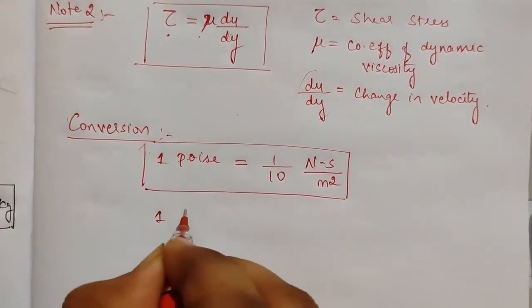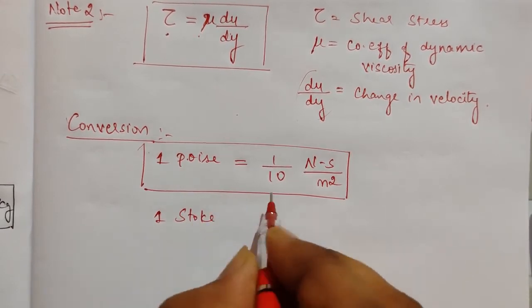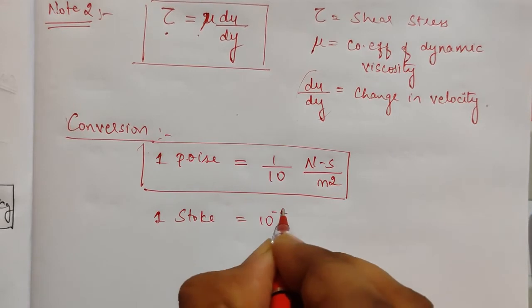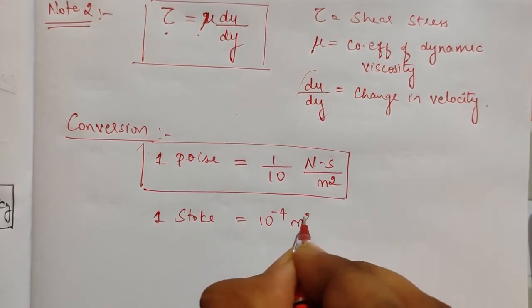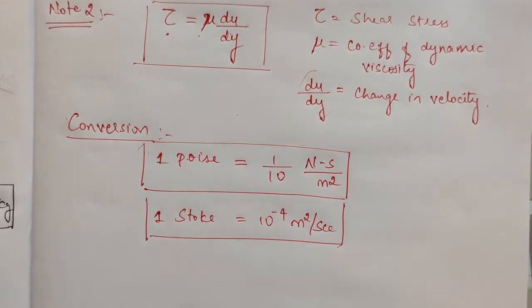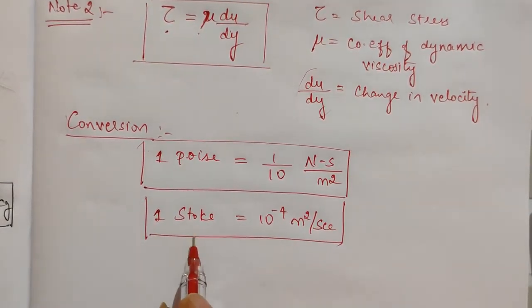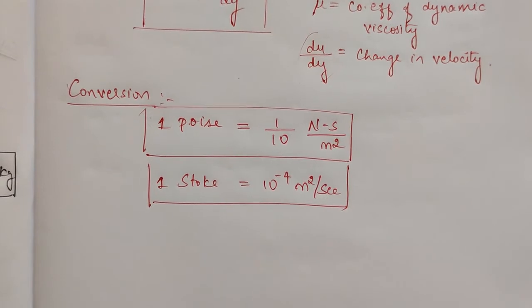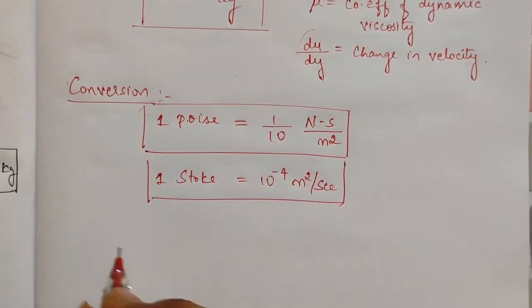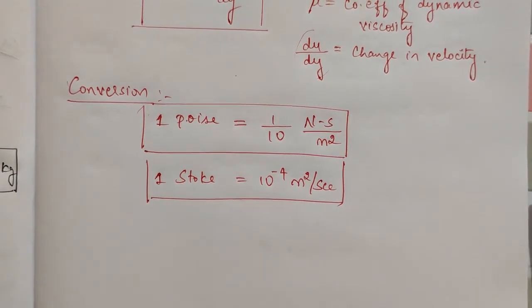So 1 poise is equal to 1 by 10 Newton second per meter square, and 1 stoke is equal to 10 power minus 4 meter square per second. Okay, I'll tell another formula for you.